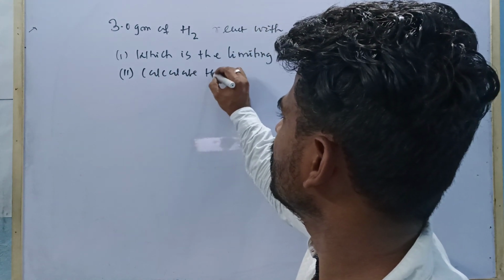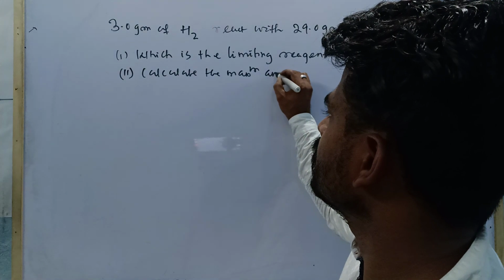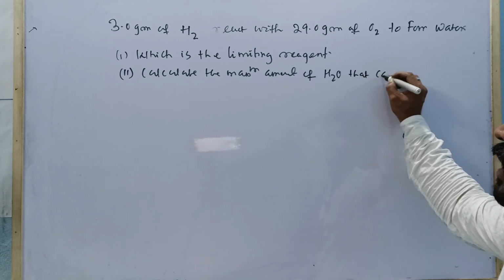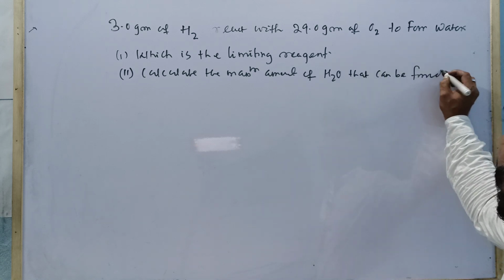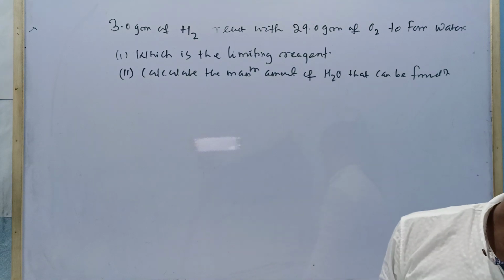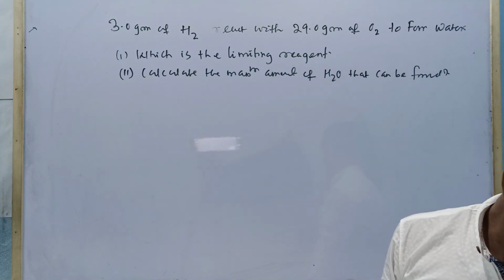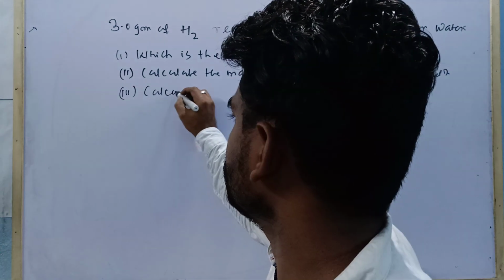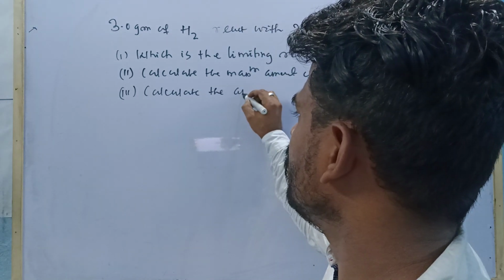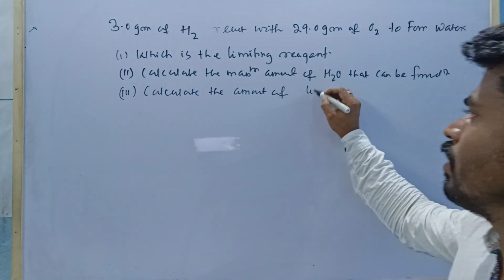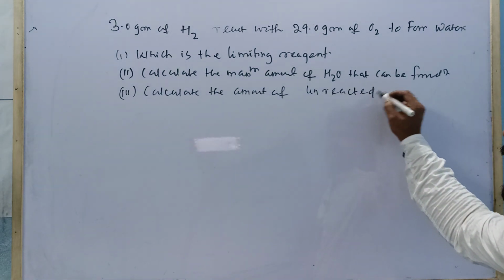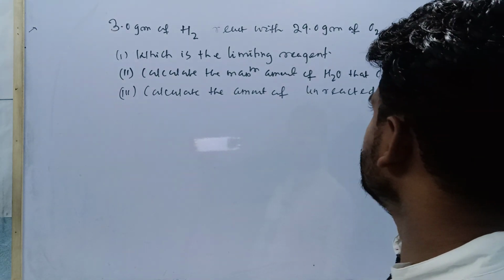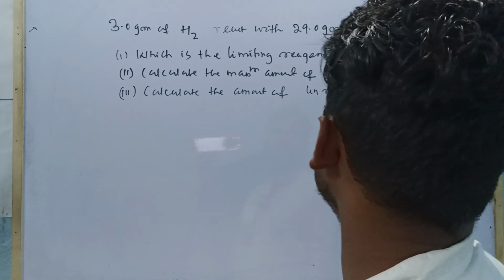And next, calculate the amount of reactant left unreacted, the excess. So this gram of hydrogen and this much amount of oxygen combine to form water.